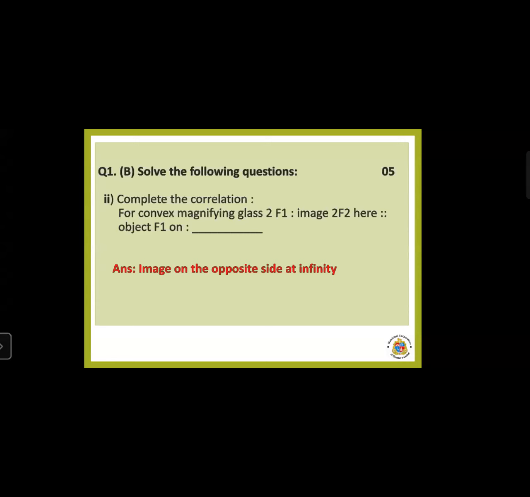The answer is the image on the opposite side at infinity. Remember this lens is a convex lens. Now for the convex magnifying glass, with the object at 2F1 the image forms on the opposite side, that is 2F2, and when the object is placed at F1, the image is also on the opposite side at infinity. So the answer is image on the opposite side at infinity.